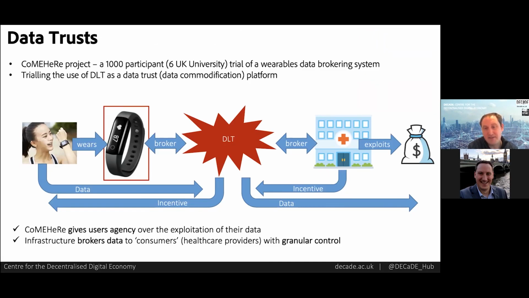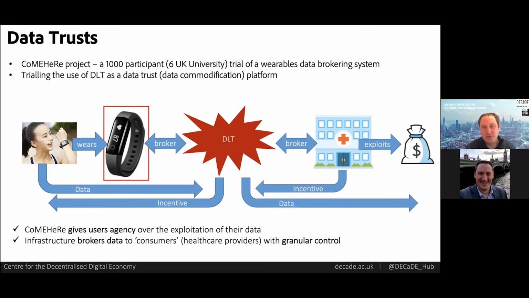And basically the idea was to build a data trust for wearable biosensor data from, say, your wearable Fitbit or similar device. And the data was stored off-chain in the cloud, but with its integrity and provenance underwritten by the DLT. So the idea is that a medical insurer like AXA, who were a partner on this project, may be interested in consuming, say, I don't know, 2,000 people's diabetes data.